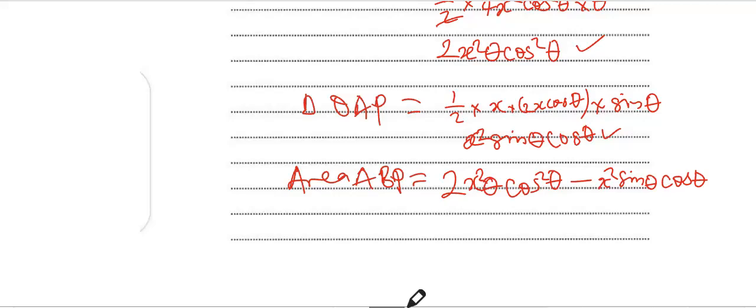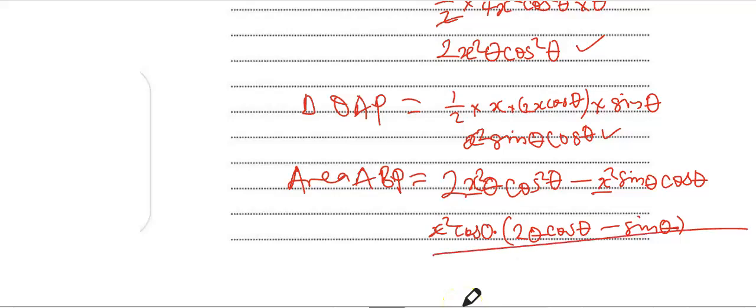If we simplify, we can factor out x squared cos theta, such that we have x squared cos theta (2 theta cos theta minus sine theta), and this will be the required solution for this question.